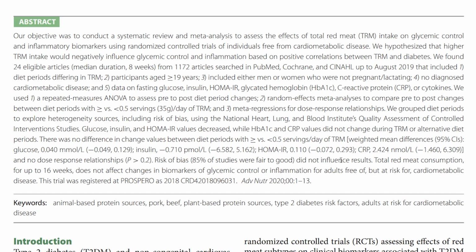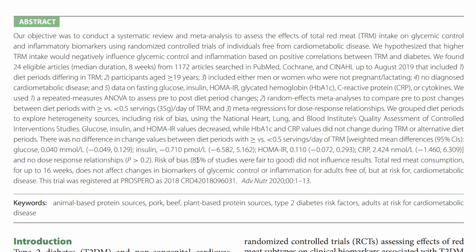C-reactive protein 2.424 nanomoles per litre with a range minus 1.460 to 6.309. And no dose relationships. P is greater than 0.2. Okay.